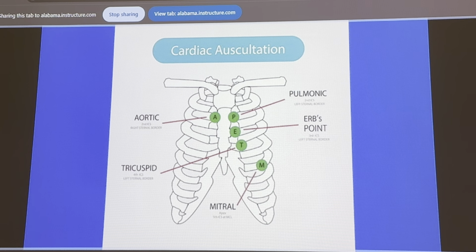So if that question says something about fifth intercostal space, left mid-clavicular, in the back of your mind, you should already think, all right, it's got something to do with my mitral valve. Or if I describe the other one, okay, it's got something to do with my aortic valve. Then I can narrow down my results, narrow down my answers. All right?